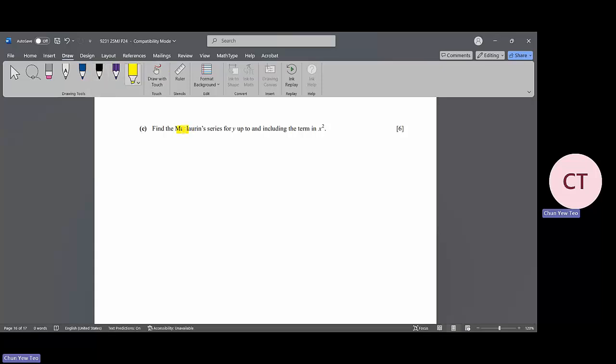Find the Maclaurin series for y up to and including the terms of x squared. Okay, so for our y, that means we need to find d squared y over dx squared.